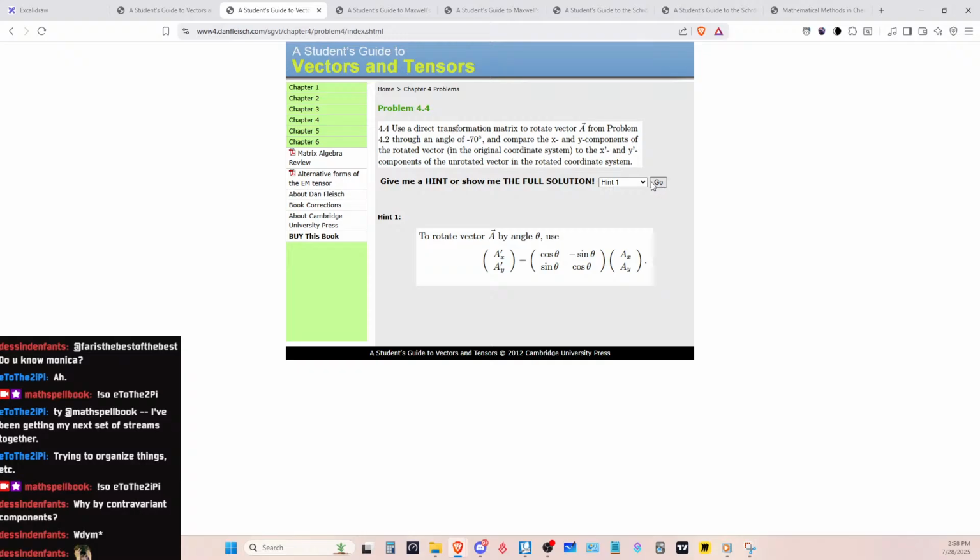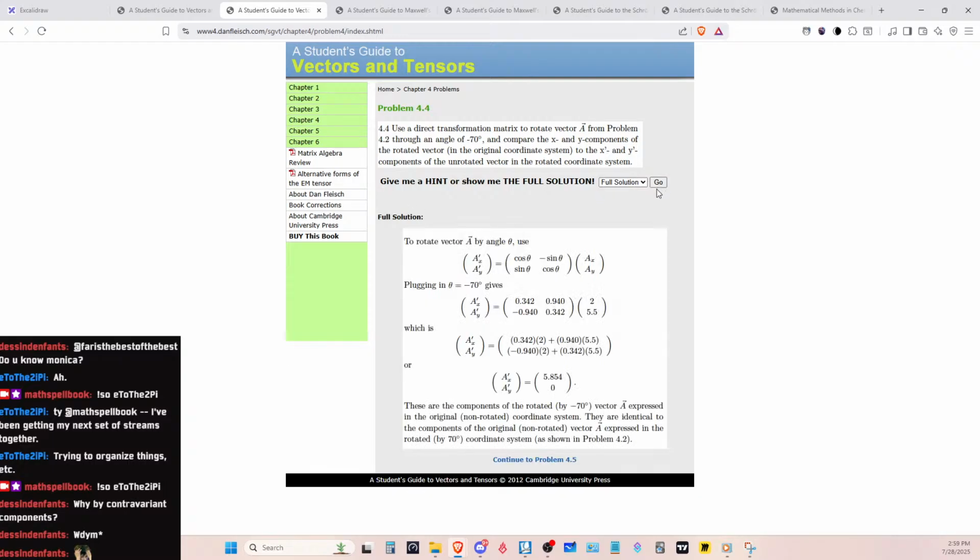Let's see, what does hint 1 tell us? Yeah, we did that part. So what is the full solution here? These components rotated as expressed in the original non-rotated coordinate system are identical to the components of the original non-rotated vector expressed by rotated, shown in problem 2.4. Okay.